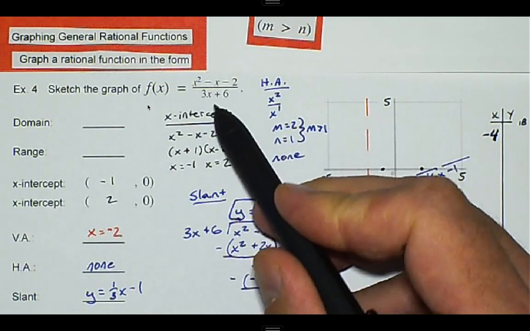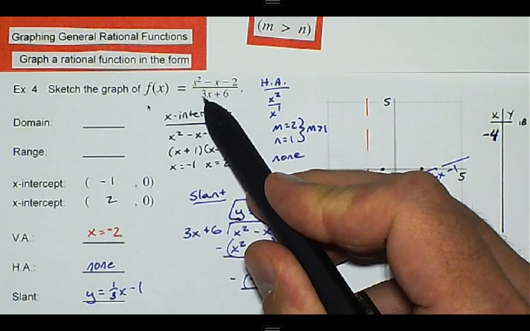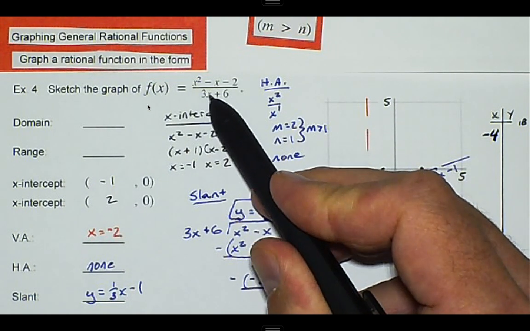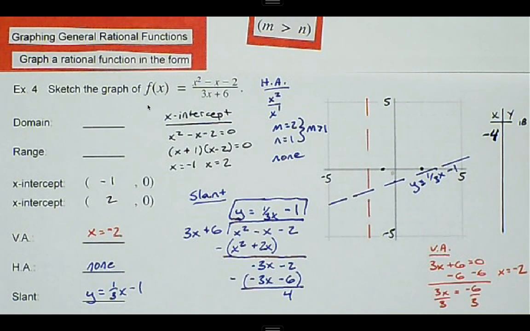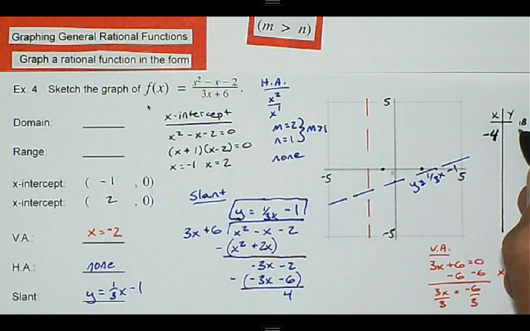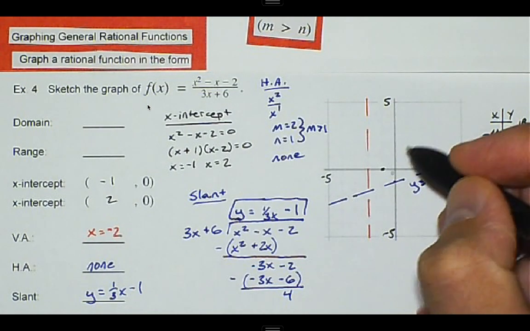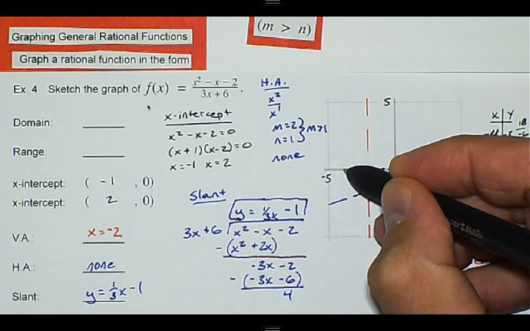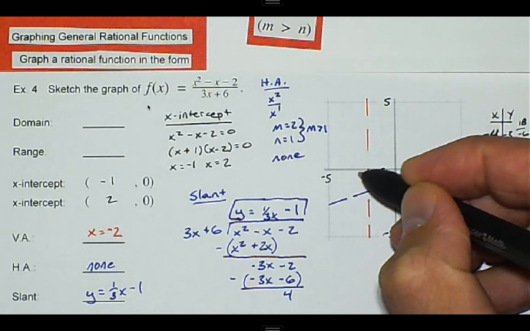And then 3 times negative 4 is negative 12, plus 6 is negative 6. So that becomes negative 3. So negative 4 gives negative 3.